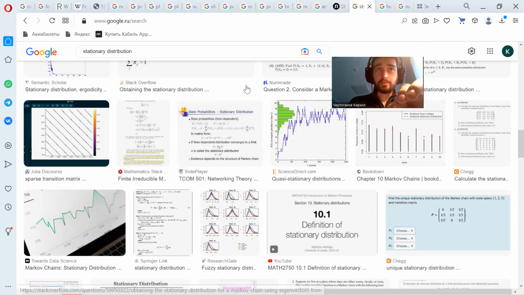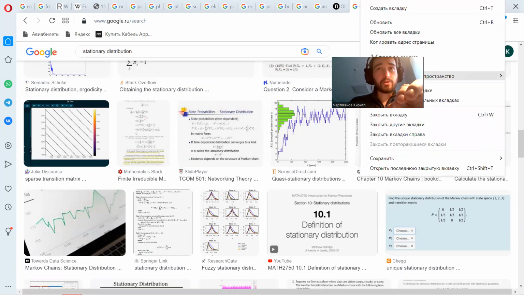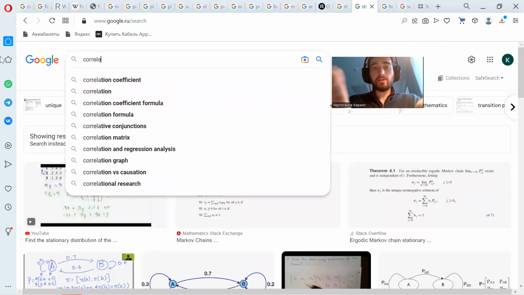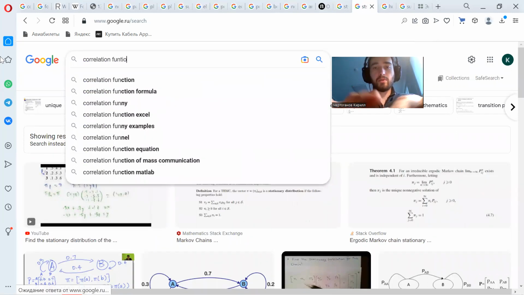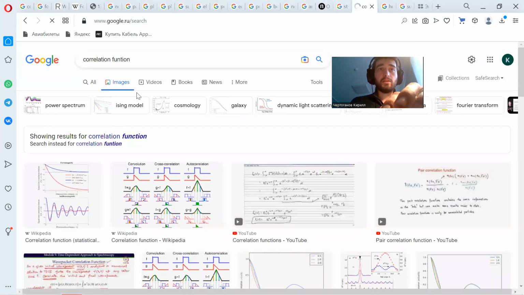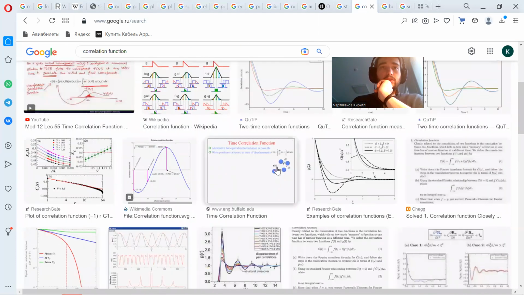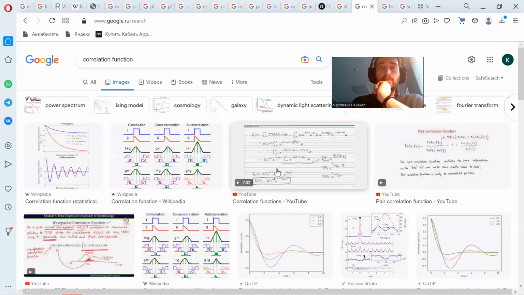And by the way, you will ask me what is a correlation function? Okay, I will tell you. Correlation function. Maybe we have to see the correct definition. Maybe next time.